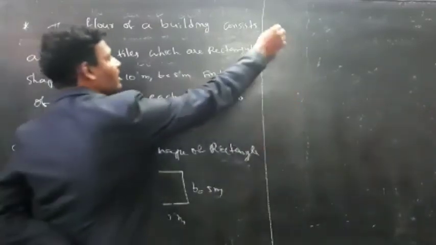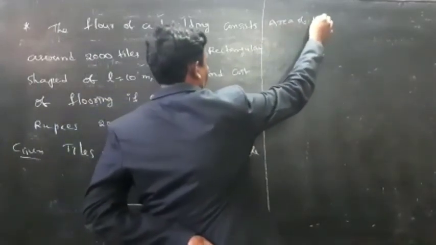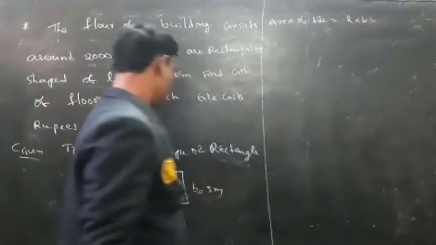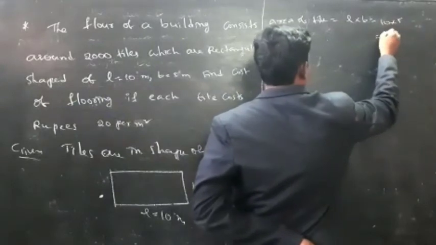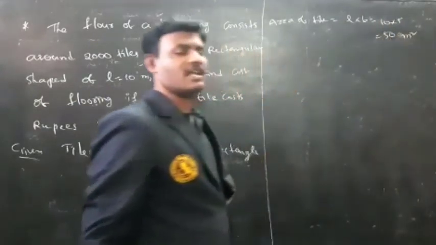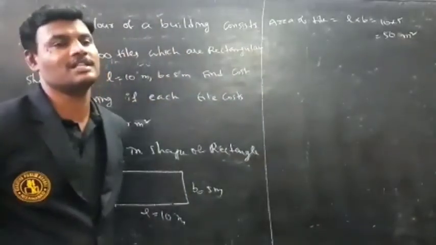Now find the area of a single tile. Area of tile is equal to length into breadth, which is 10 into 5 is equal to 50 meters square. So the area of one tile is 50 meters square, but there are 2000 tiles.